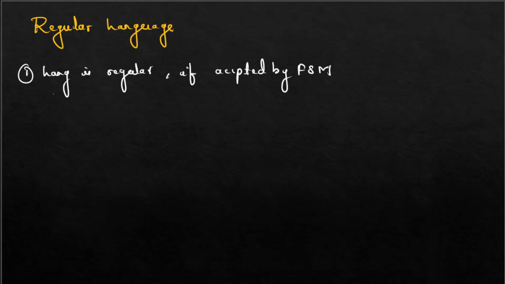And what is a finite state machine? This is DFA, NFA, epsilon NFA. That means if a language is accepted by any of these automata, then the language is a regular language. Okay. Now let's discuss what a finite state machine is.